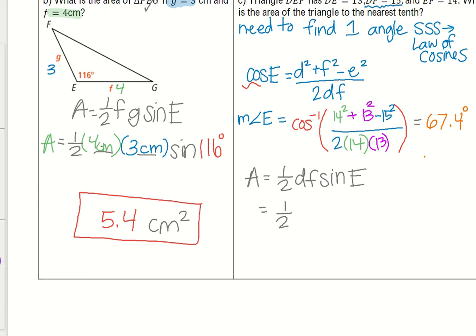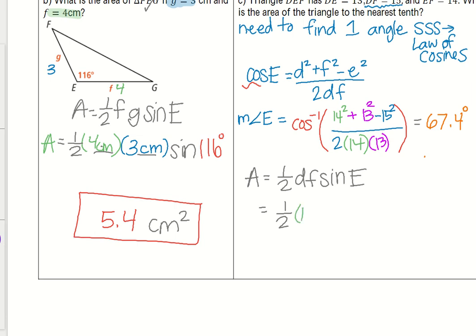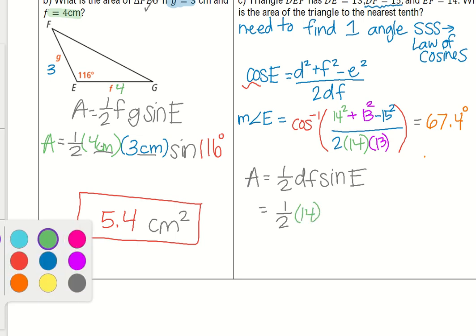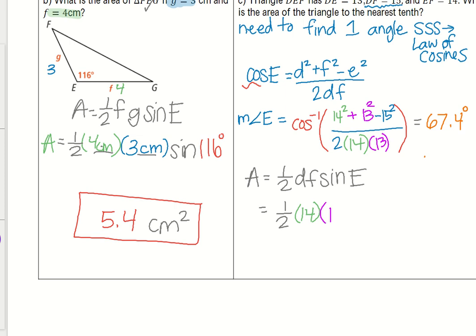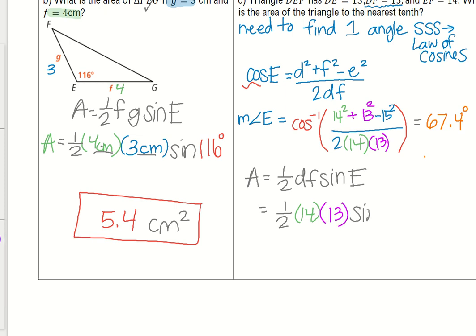So remember that D was our 14, F was 13, and then we're going to do sine of the angle we just found, which is 67.4 degrees. Okay, so we're going to type all that into our calculator.